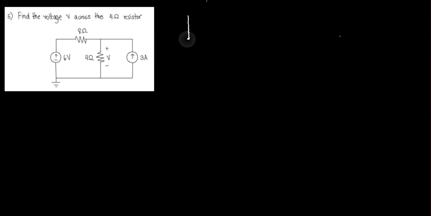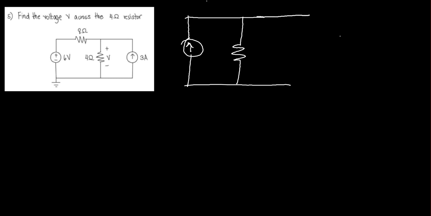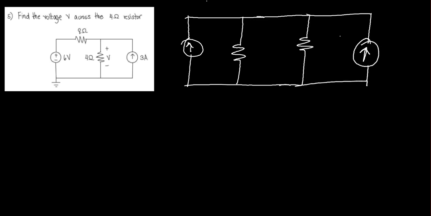We have here a Norton source, a current source in parallel with the resistor, and we have that 4 ohms resistor that we want to find, and you have this current source at the output, which is equal to 3 amps.